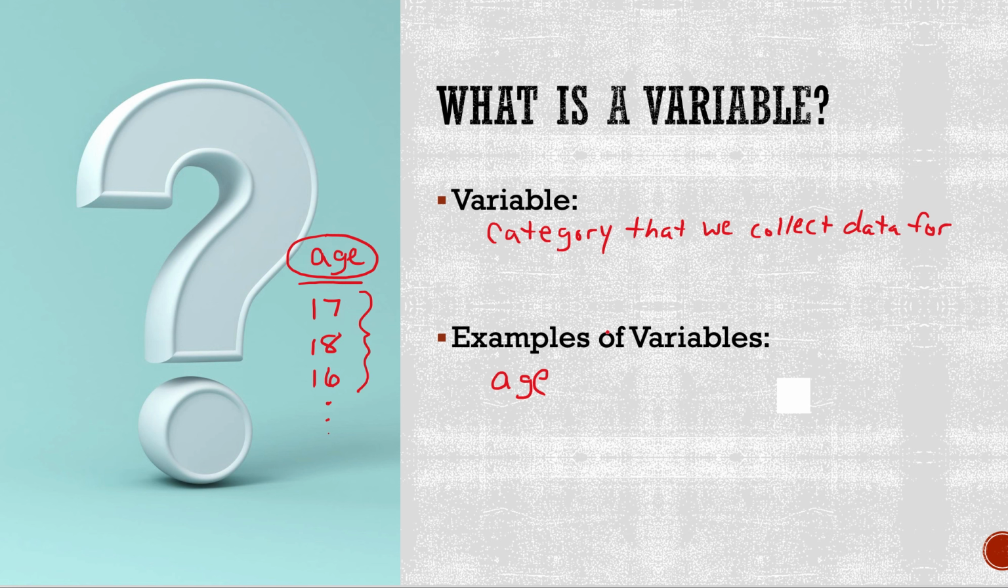So let's think about some other examples of variables. So let's think about other questions that we may be asked if we were completing some sort of survey or questionnaire. So a lot of times they would ask for gender. They might ask for your income.